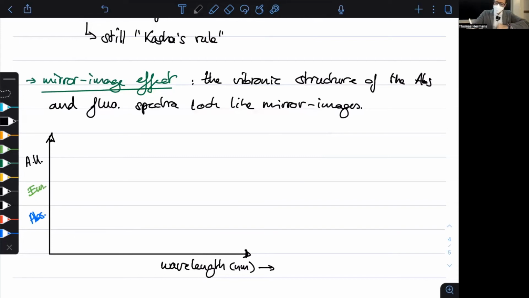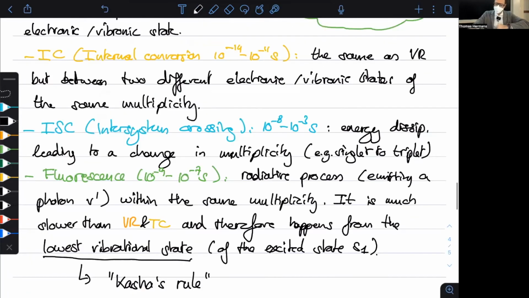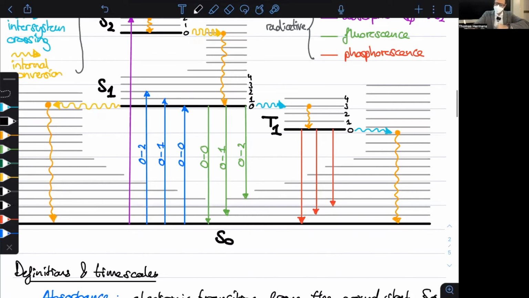Okay, so let's look at these energy levels. We're going to start with the ground state. So this one would be 0,0. The 0,0 transition is this lowest one, here, both in absorption and in fluorescence.